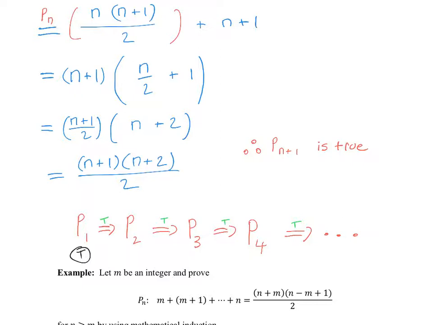And because all of these implications are true, we now know that 1, when true, tells us that 2 is true. And that tells us that 3 is true. And that tells us that 4 is true, and so on. So it's kind of a nice effect to think of dominoes knocking over the next domino in that line.